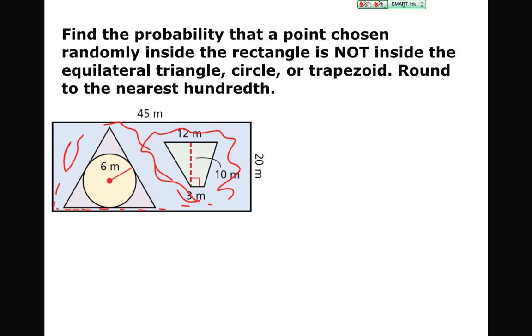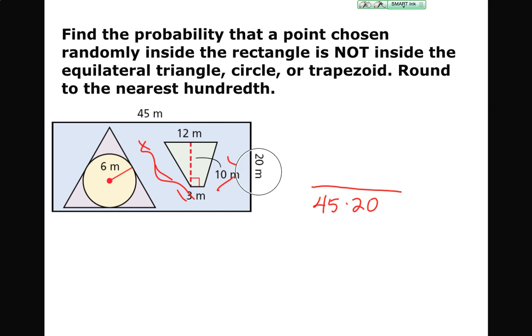So what would you do with your numerator? I know the denominator is just 45 times 20, the area of the whole thing. How would you do the probability of it not being in these shapes? Okay, add up the little shapes and then subtract from the total, like we're taking them out.